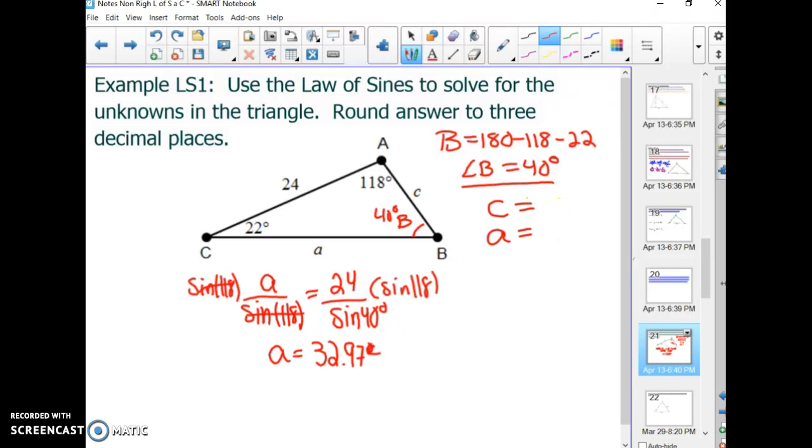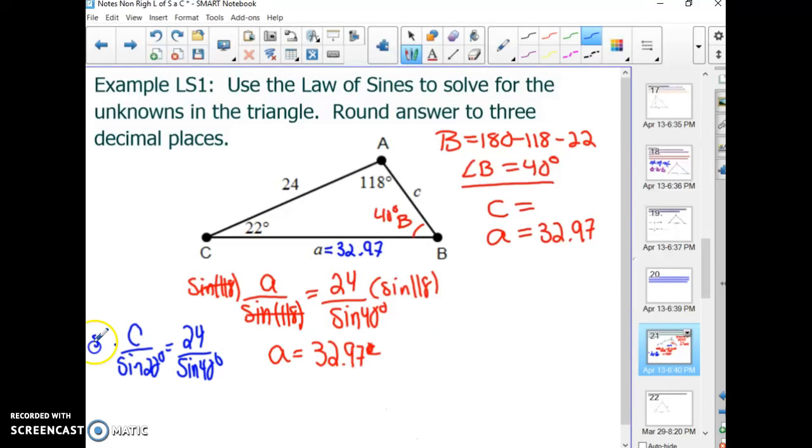So side a is 32.97. Now if I want to find side C, I have C over the sine of 22 degrees because it is opposite it. Then I need to use the same information, 24 over the sine of 40 degrees.